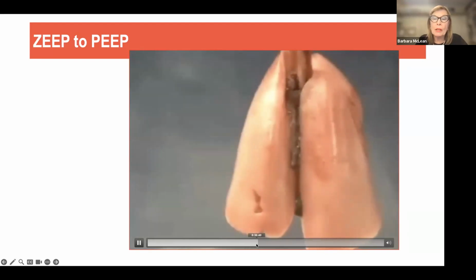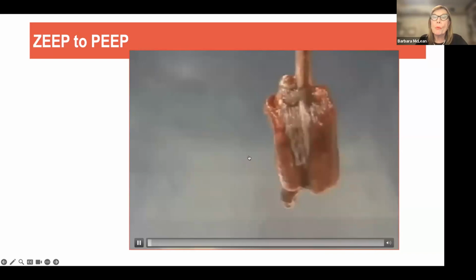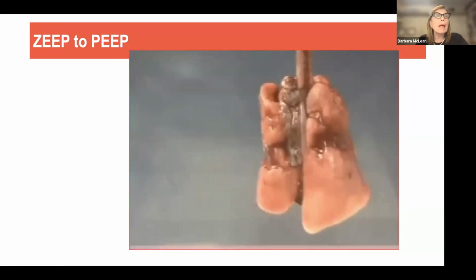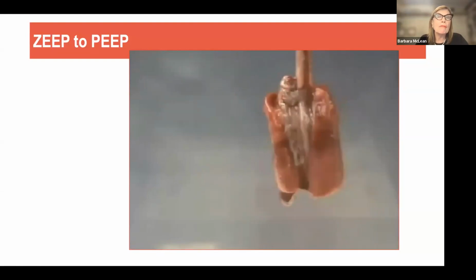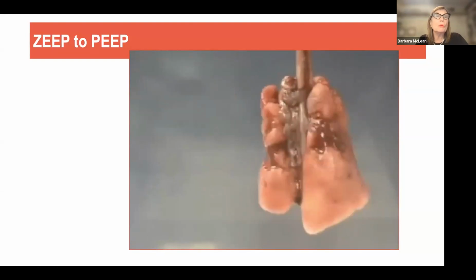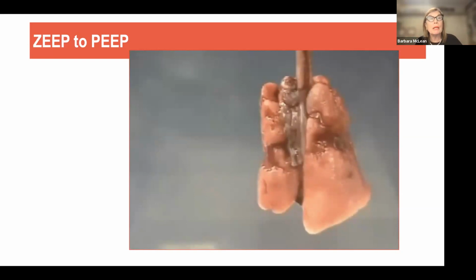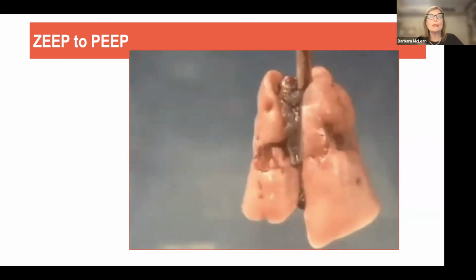Okay. Now, if I look at this again, at this point, I have a patient who on 5 of PEEP maybe is requiring 70% FiO2 to have an acceptable PO2 with a low P to F. Now I'm going to apply 10 of PEEP. I'm able to reduce the FiO2, and the P to F has increased because I have more functional lung.